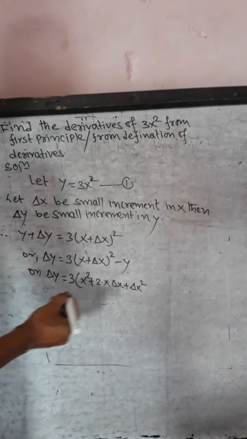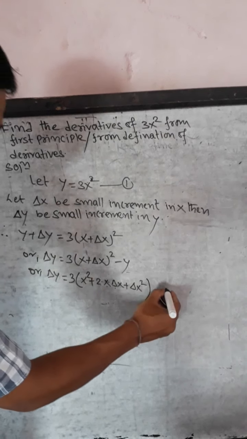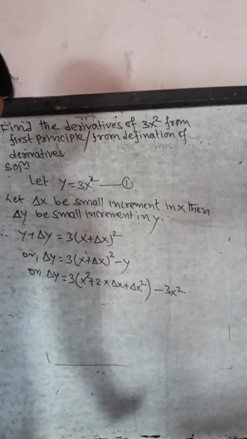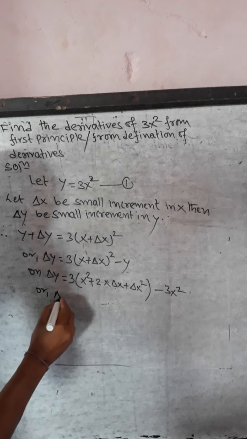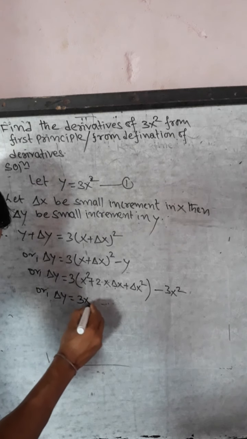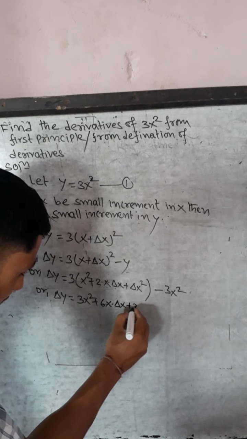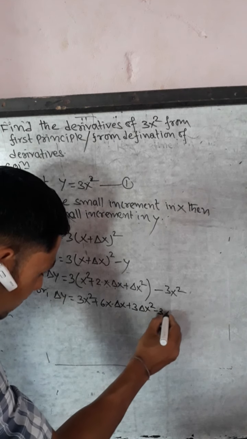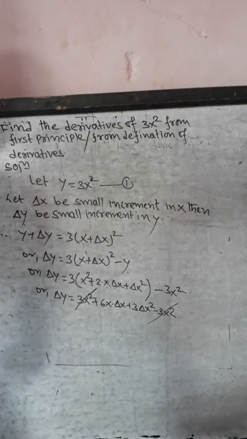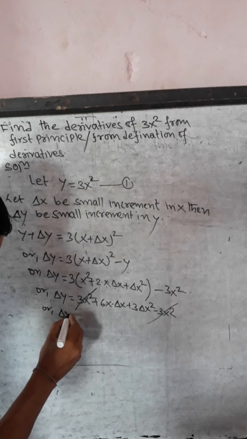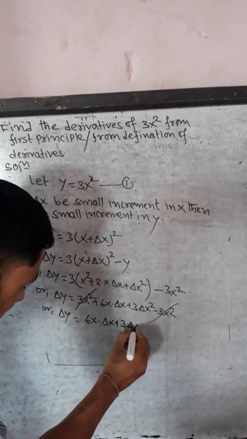A square plus 2ab plus b square, minus y. Y means 3x square. Or del y is equal to, now multiply by 3, 3x square plus 6x into del x plus 3 del x square minus 3x square. Now this 3x square and 3x square cancel. Now what remains? Del y is equal to 6x into del x plus 3 del x square.